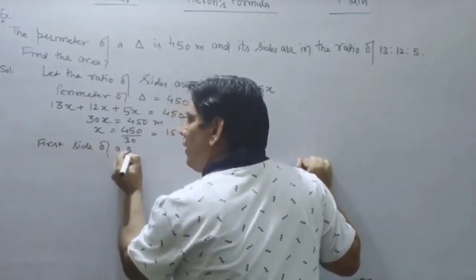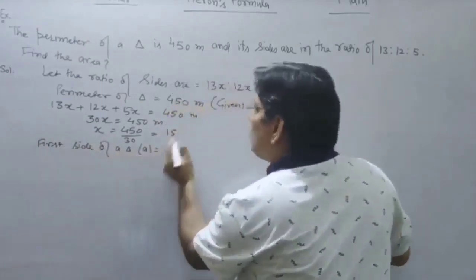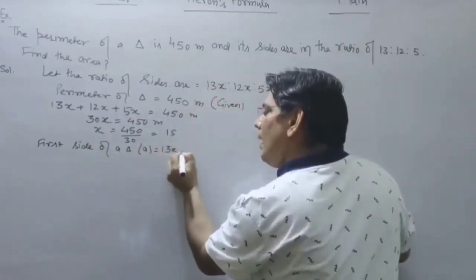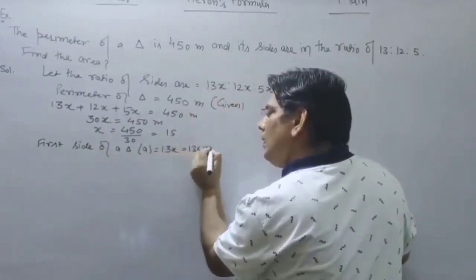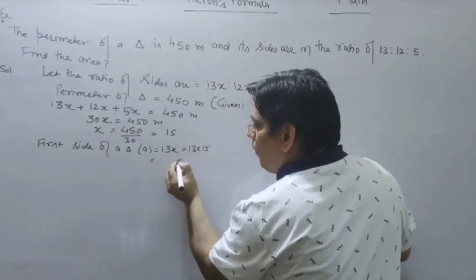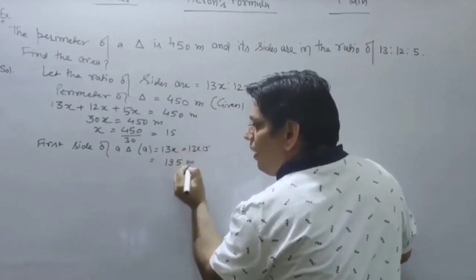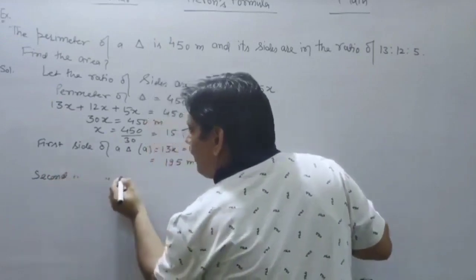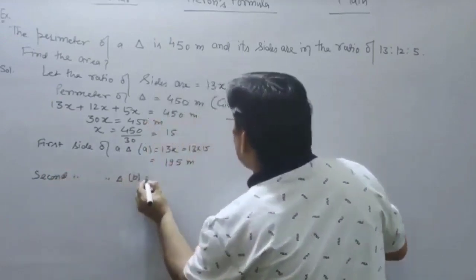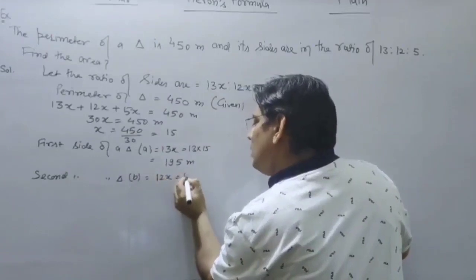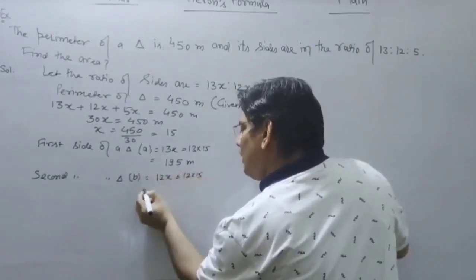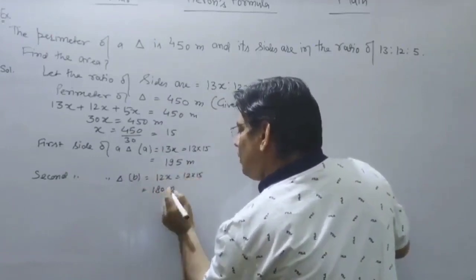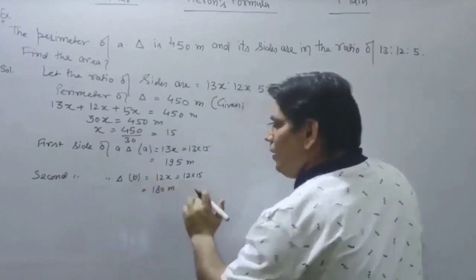So the first side of a triangle, that is a, equals 13x, that is 13 into 15, that will be 195. The second side of a triangle, known as b, equals 12x, 12 into 15, that is 180 meter.